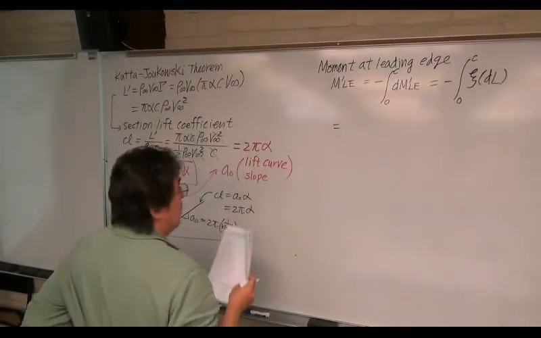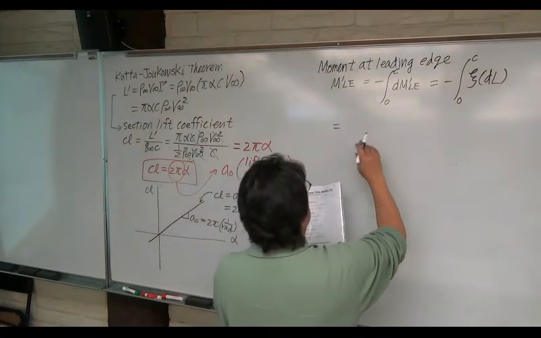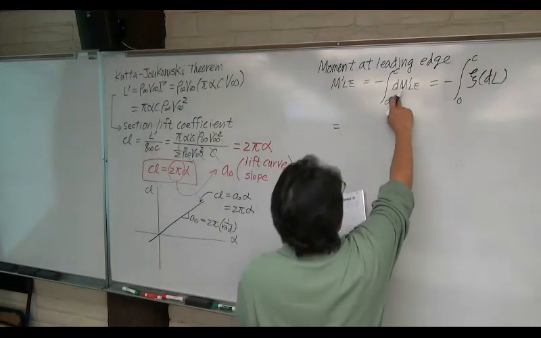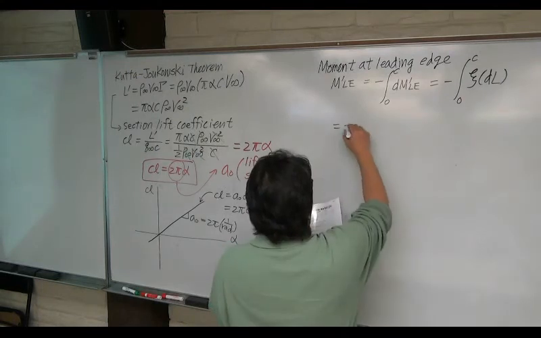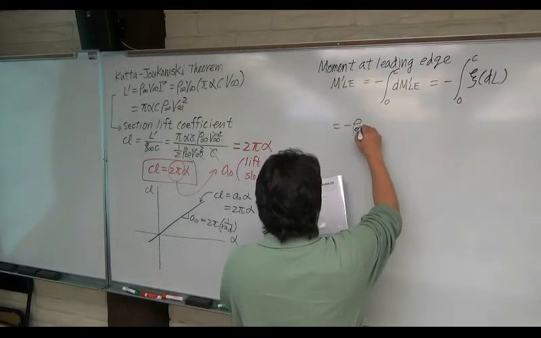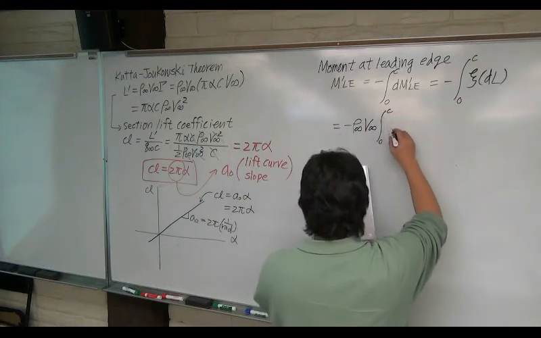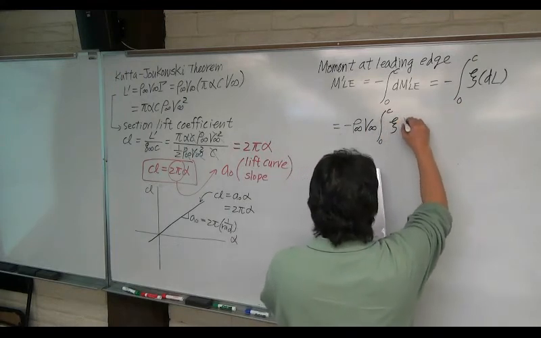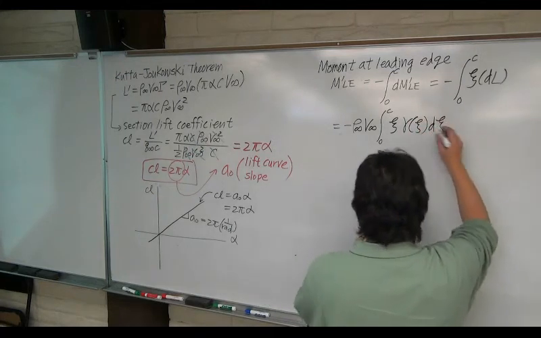Remember, if we plug in the previous equations about dL into this equation, minus rho infinity v infinity integral from 0 to c of xz times gamma as a function of xz times dxz.